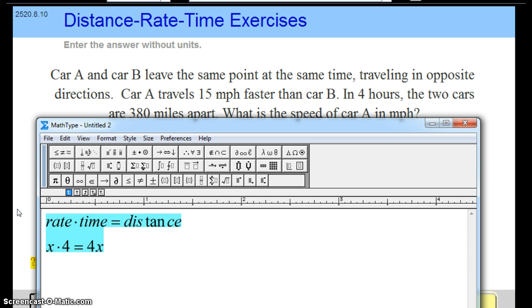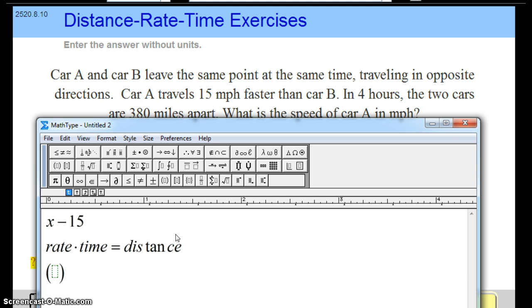We know the rate of car A is x, and A goes 15 miles per hour faster than car B. So x minus 15 should be the rate of car B, because A is 15 miles per hour faster than car B, and x is the rate of car A. And again, with rate times time equals distance, the rate of car B is x minus 15, and this is also going for 4 hours.